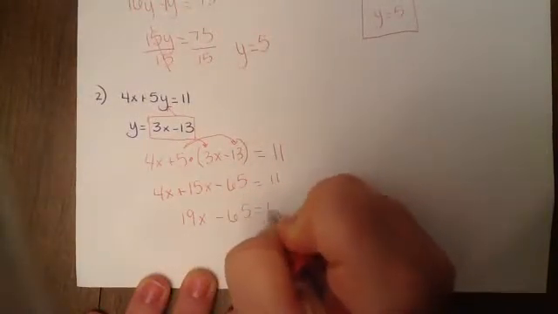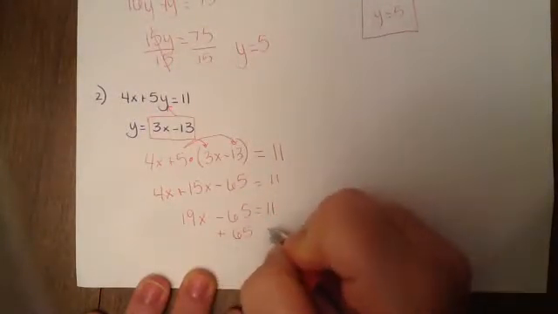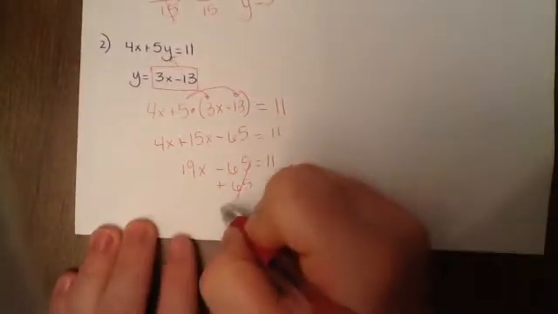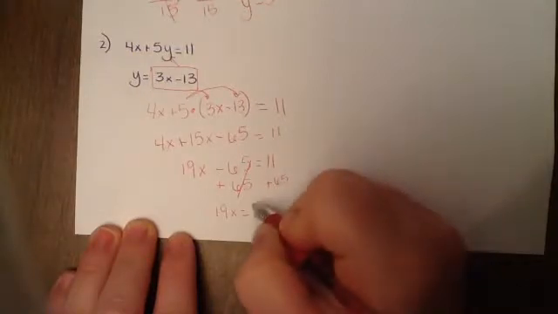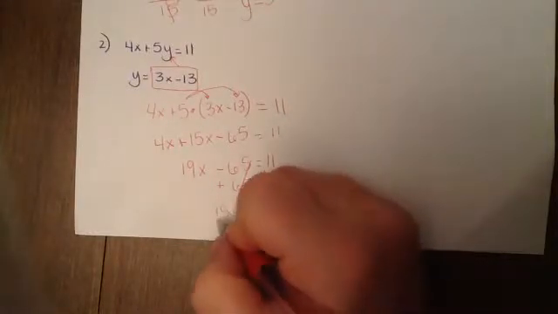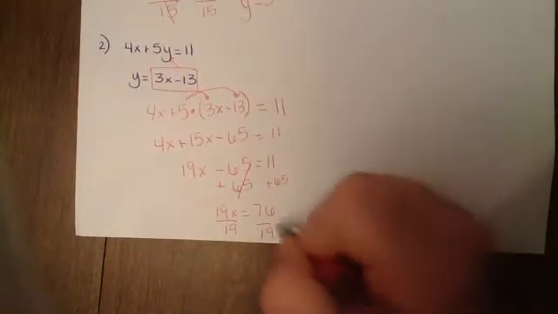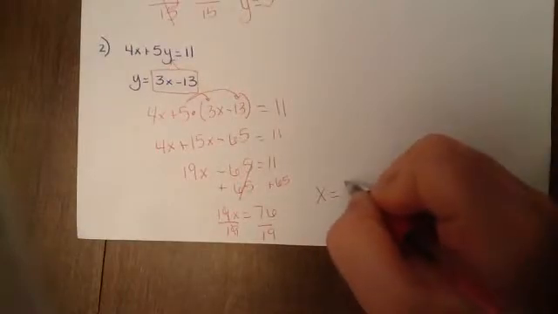What did you do next? Add 65 on both sides. 19x equals 76. And your last step, divide by 19. X equals 4.